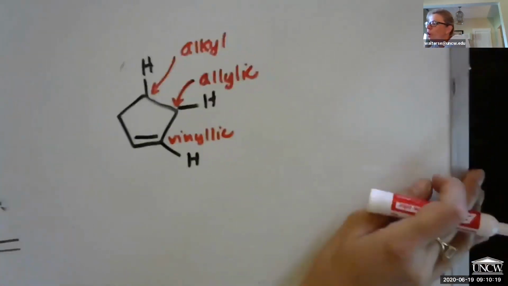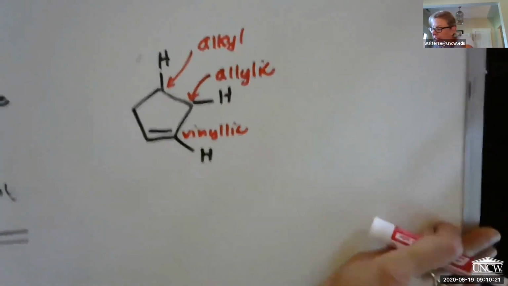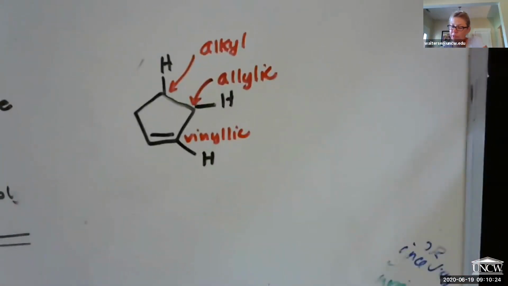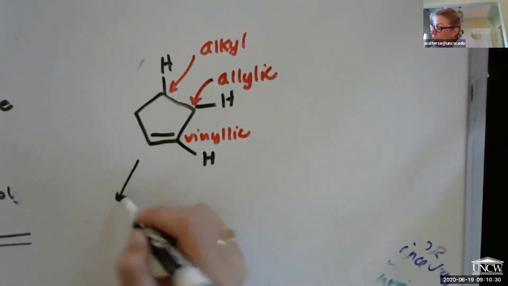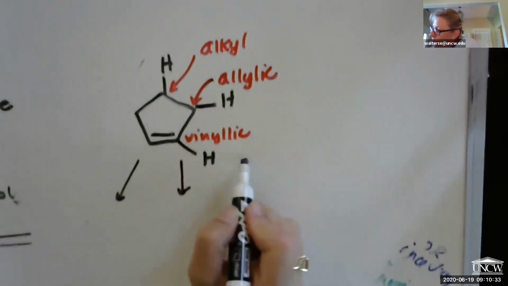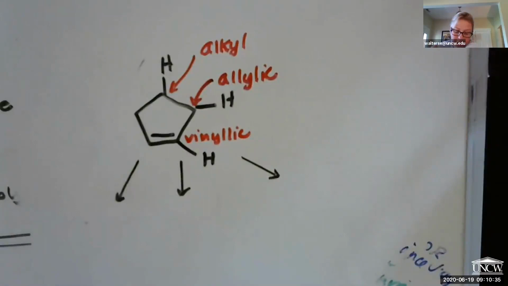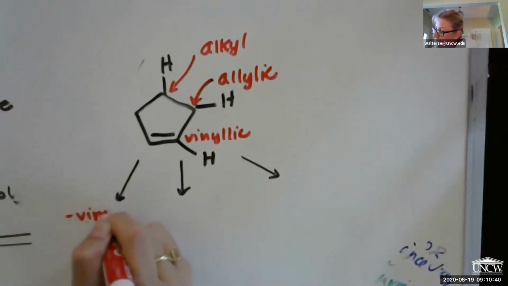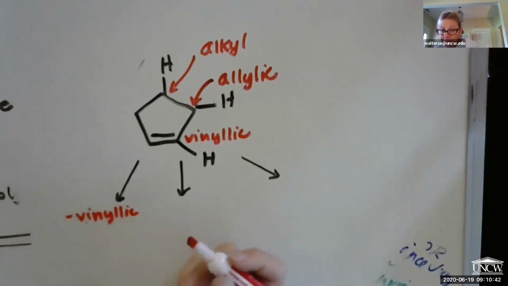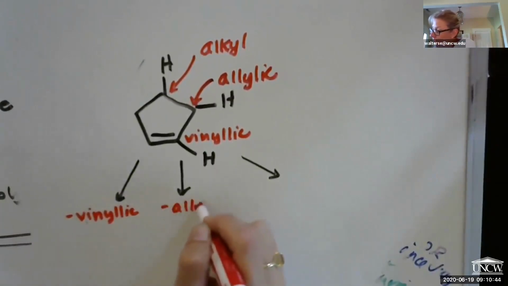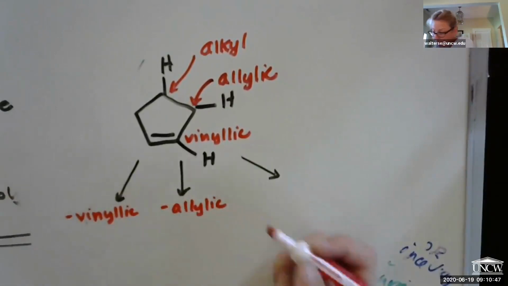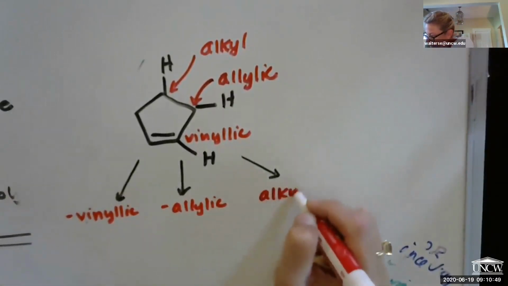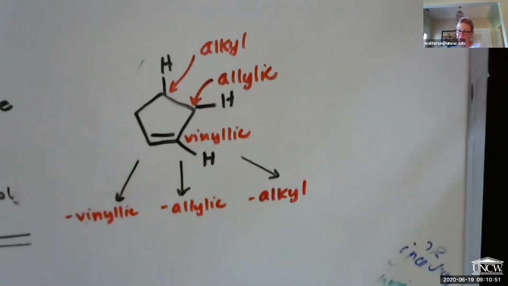Okay, so when you analyze bond strength, what you really have to analyze is the stability of the thing you're trying to make. So for example, you could take this in 3 directions. You could lose a vinylic hydrogen, you could lose an allylic hydrogen, and then you could lose an alkyl hydrogen.